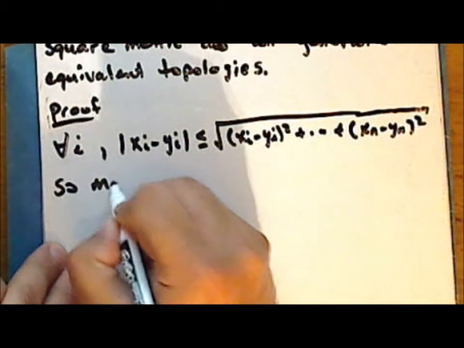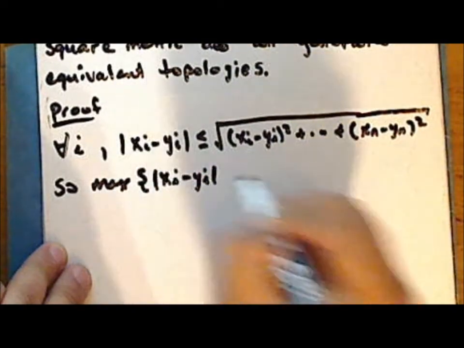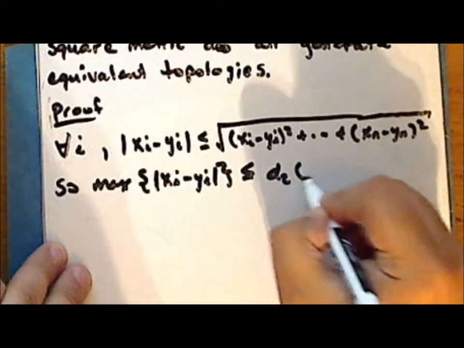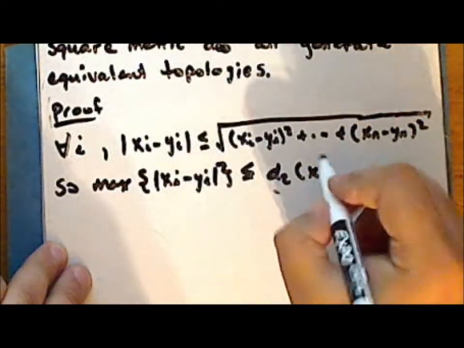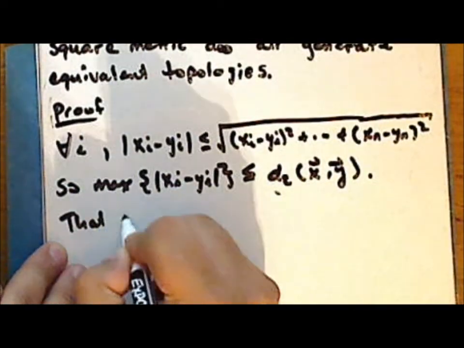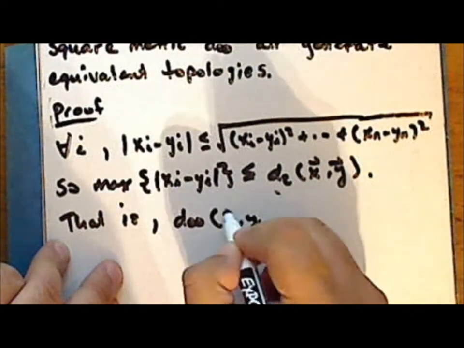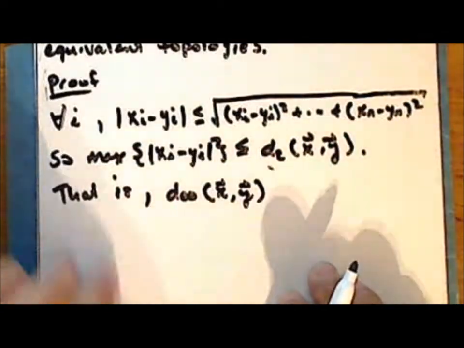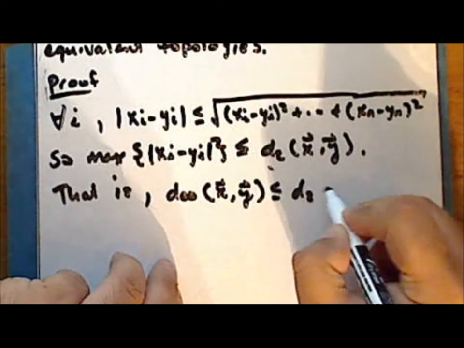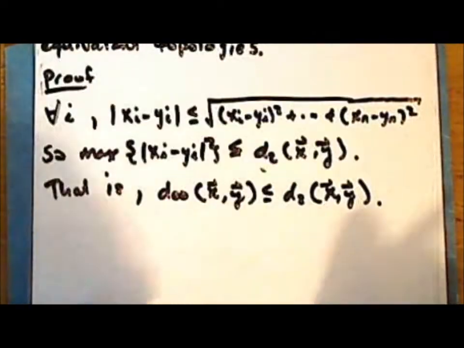So we have that the max value of the absolute value of x sub i minus y sub i is less than or equal to the distance in the Euclidean metric between the points x and y. That is, the distance between 2 points in the square metric is less than or equal to the distance between those same 2 points in the Euclidean metric. All right?